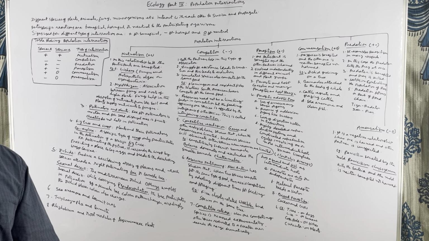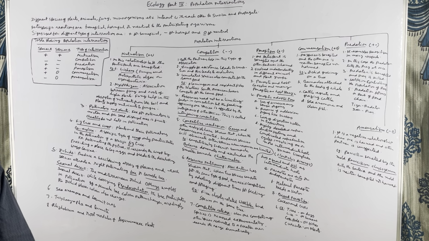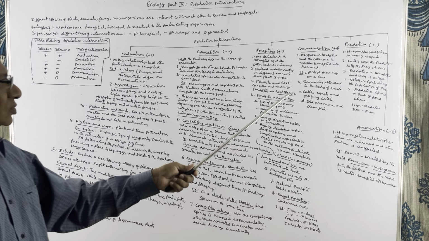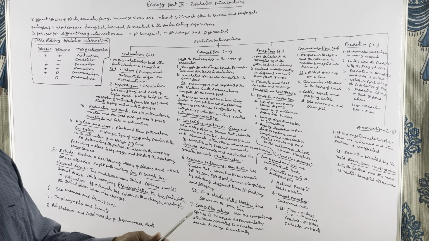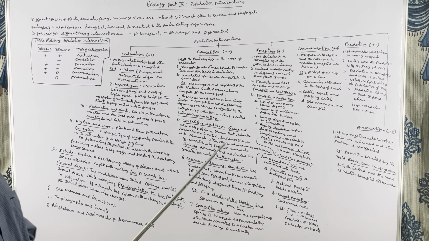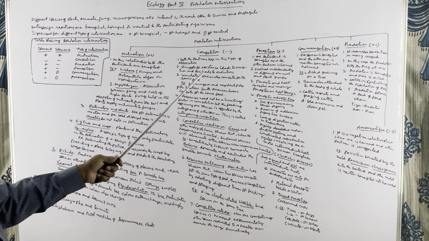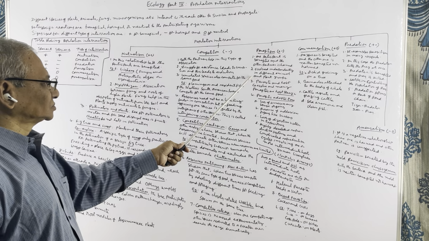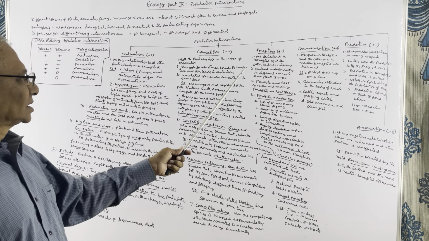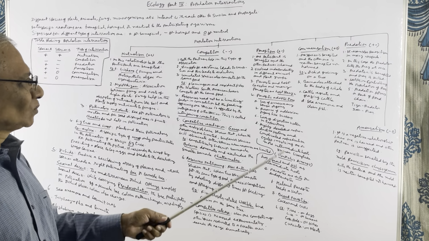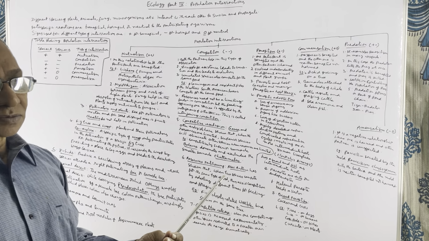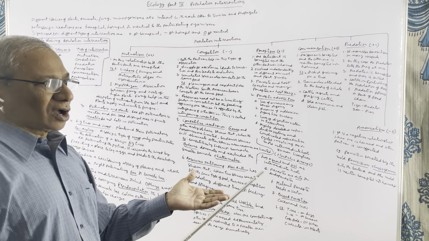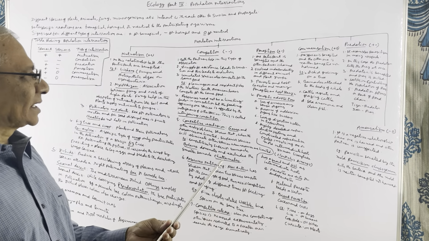All the benefits go to the parasite, but the host suffers gradually and ultimately it may die. But in the case of predation, what happens? The participants are known as predator and prey. In the case of parasitism, the participants are known as host and parasite. Here the host suffers, the parasite gets benefited. Here you can call a tiger a predator, a deer a prey.